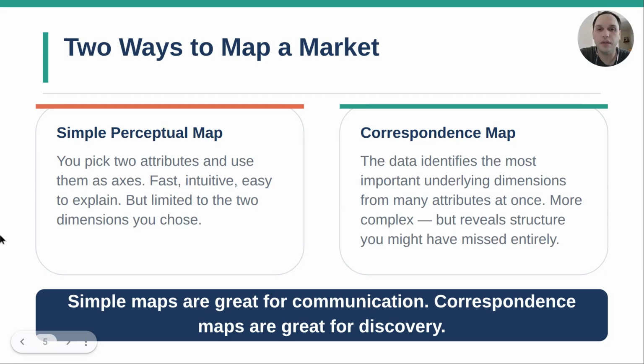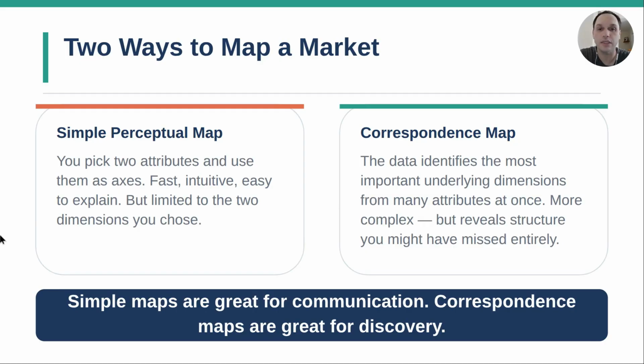It's worth being clear about how correspondence analysis differs from the simpler version of perceptual mapping. A simple perceptual map uses two attributes you've chosen, say price and quality, and positions brands along those two axes. It's fast, intuitive, and easy to explain in a presentation, but it's fundamentally limited to the two dimensions you picked.